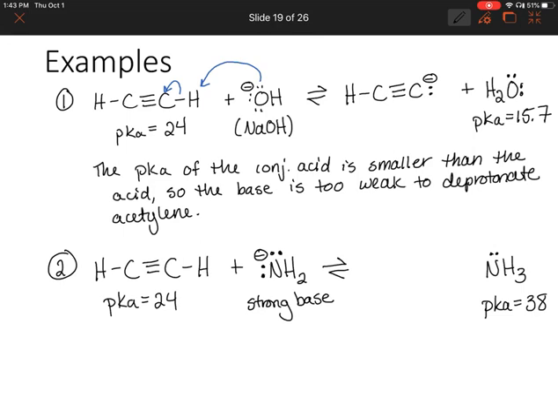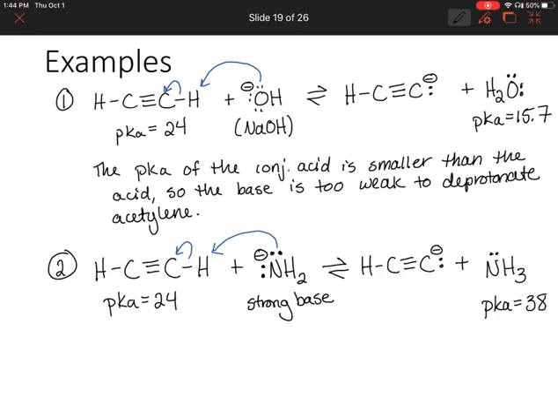Okay, so in this reaction, we know that the lone pair will grab onto hydrogen. We'll leave behind a lone pair on carbon. And we end up with a conjugate acid of ammonia. And ammonia has a pKa of 38, which is a lot higher than our original pKa of the acid. So that works.